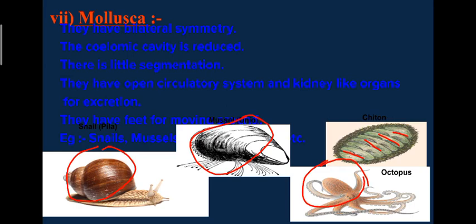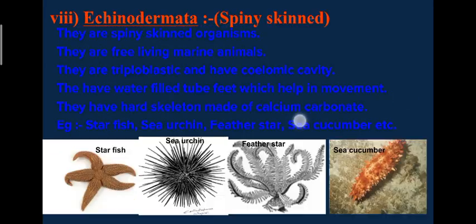We say primitive kidneys. Now they have a muscular foot for the movement. Correct? Now nature has tried everything. Now it goes back and now it is making the next phylum which is just similar to our Coelenterata.